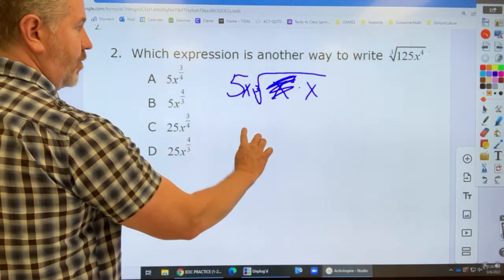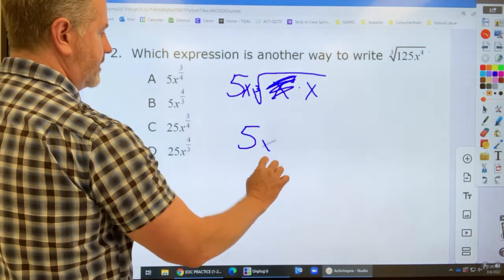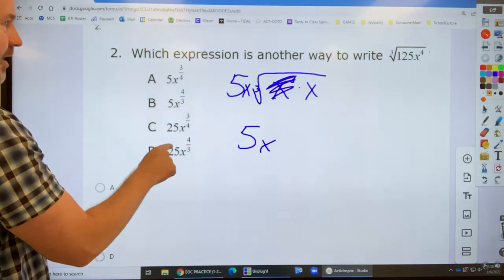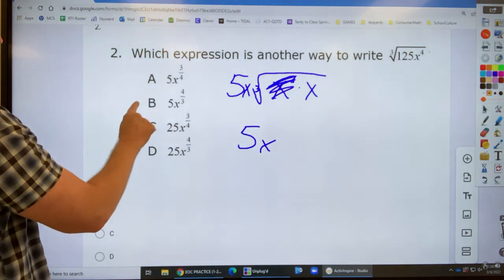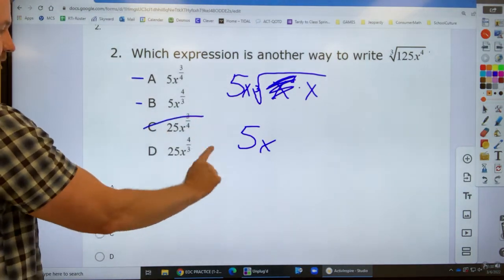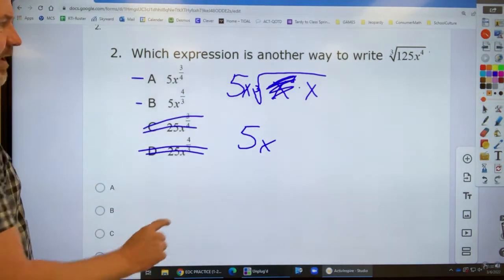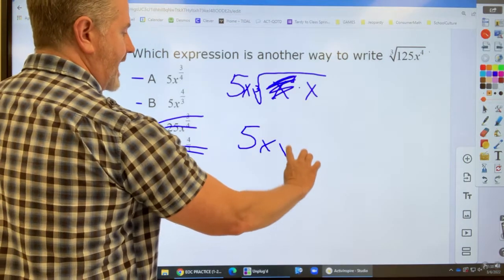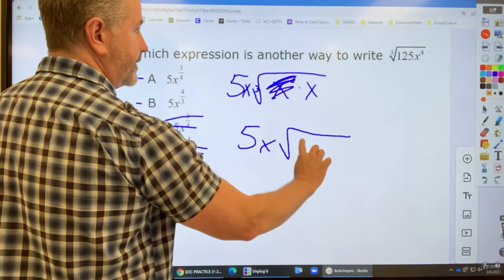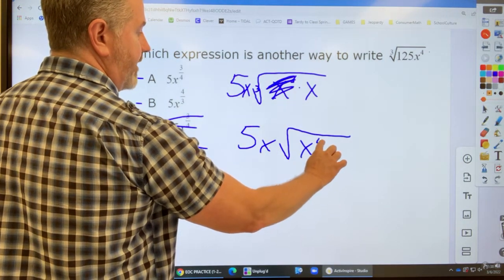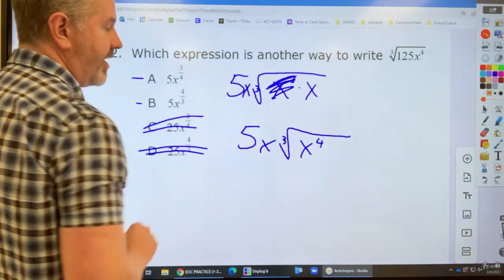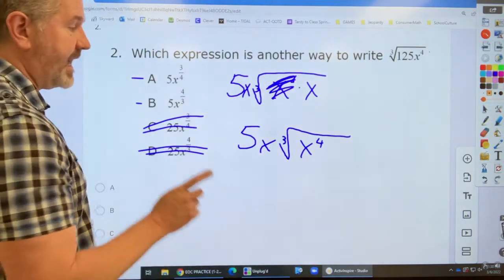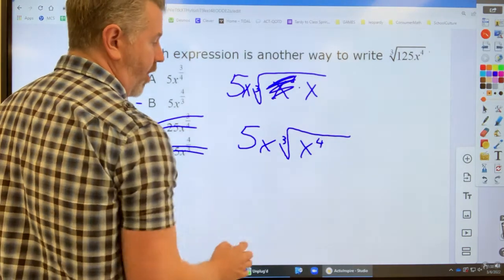So we're going to say 5x is on the outside. I'm going to go with one of these two answers. I think we can cross those two off. And then we got to rewrite. I got ahead of myself because I wasn't looking at the answers. I'm going to keep that 4th under there. A 3rd root is the same thing as a 1/3 power.